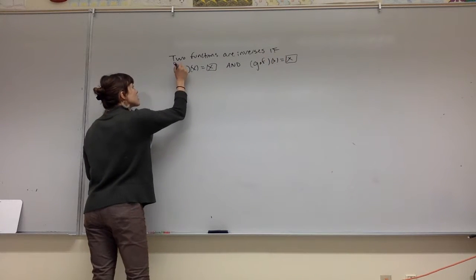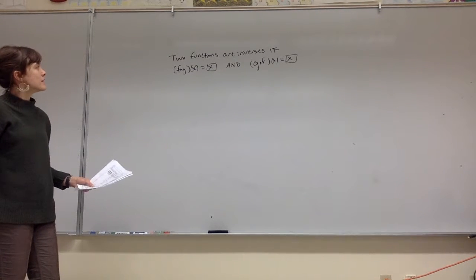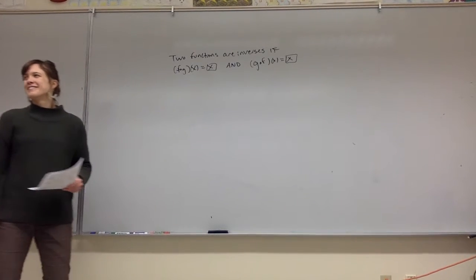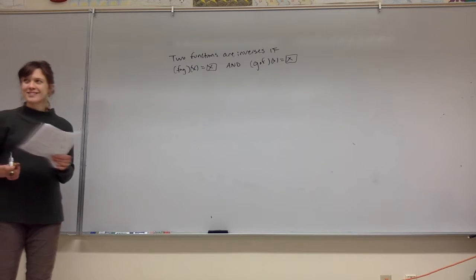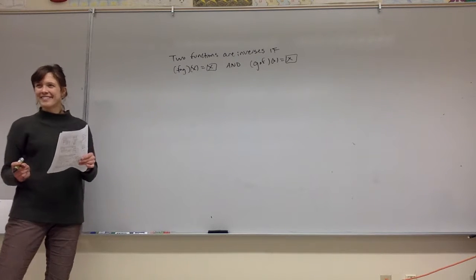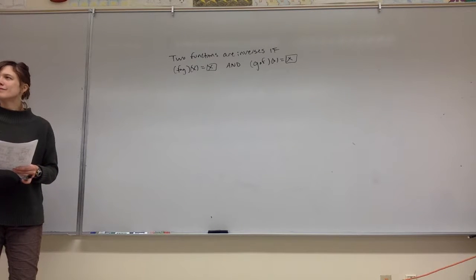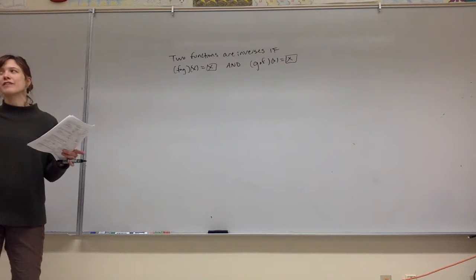Make this not look like a multiplication. Pretty cool. Get pumped. We're going to prove this. So if f of g of x equals x and g of f of x equals x, then the two are inverses.